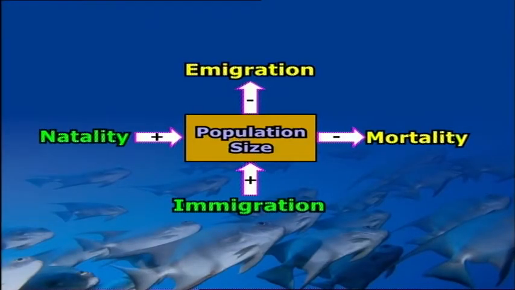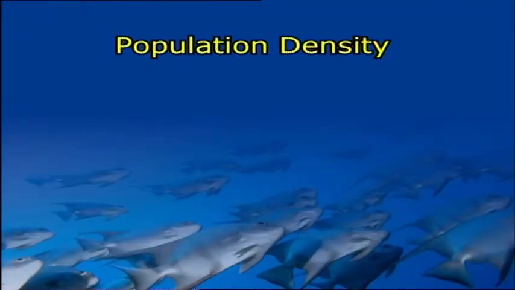Additions to a population occur through birth, that is natality, and immigration. The factors that remove individuals from a population are death, that is mortality, and emigration. Immigration and emigration may represent biologically significant exchanges between populations.